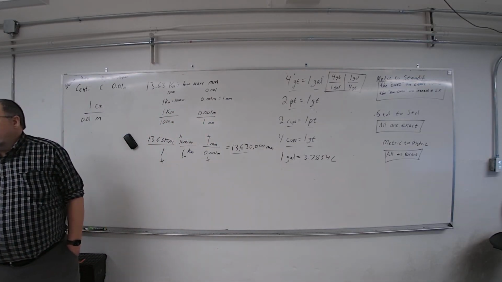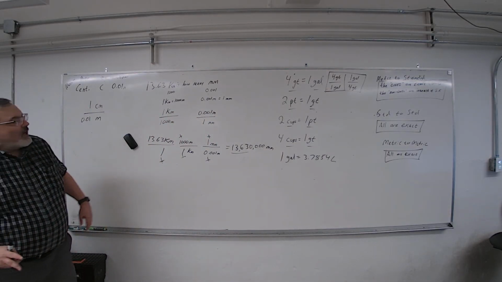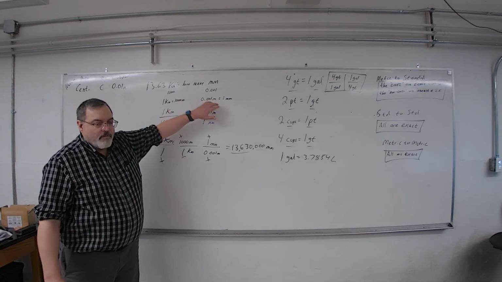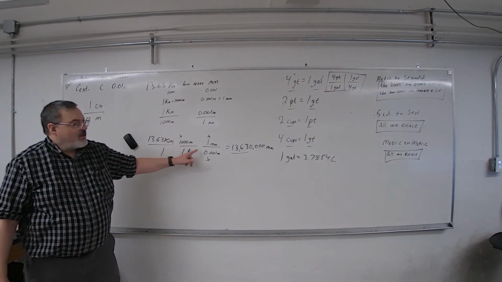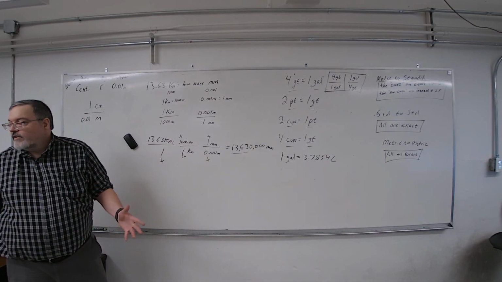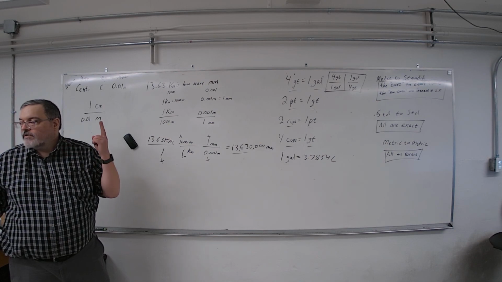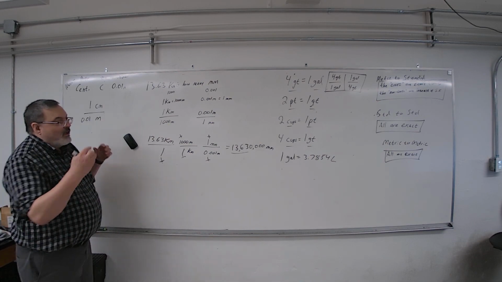So I use two conversion factors. I use the kilometer to the base unit meter, and I use millimeters to the base unit meter. And I just made the meter cancel in the middle. Is that the way y'all did it in the past? You use two conversion factors? Okay.